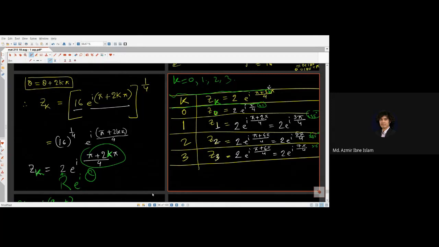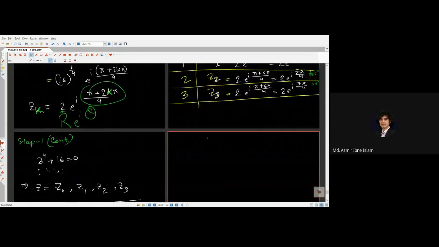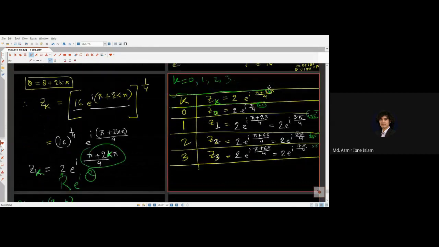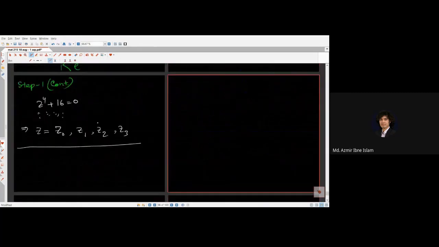You can also do it that way. But I am trying to make you understand, if we have polar form, how we can deal with it to evaluate the integral by using Cauchy's residue theorem. So I am not converting this to rectangular form. If you want to convert it to rectangular form, you can do that. But let's try to figure out how we can work with polar form also. Have you got my point?